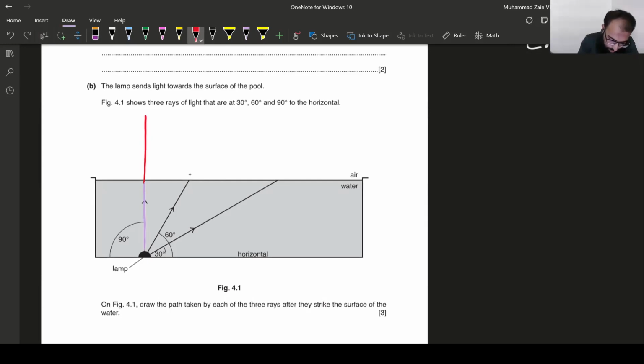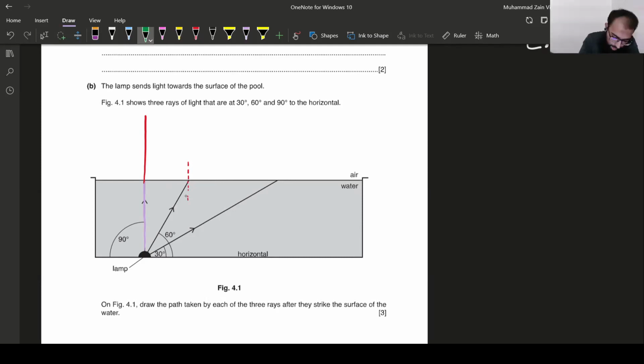Okay, so this would be the surface where the medium changes, and we need to make a normal to this surface. So this is how we make a normal. Okay, so I need to find this angle, which is the angle of incidence.